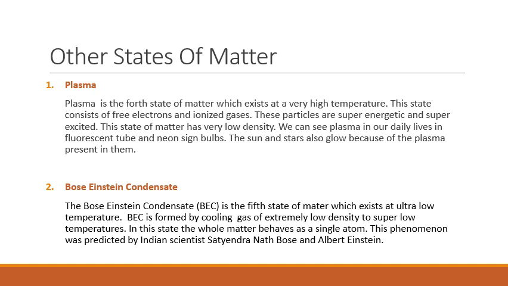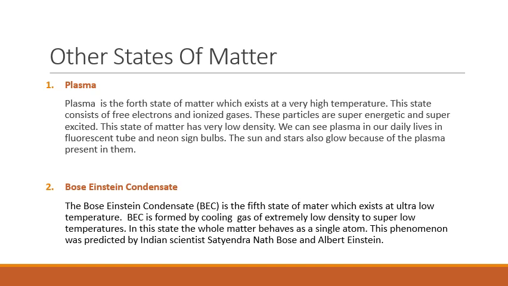The particles in this state are super energetic and highly excited. This state of matter has very low density. We can see plasma in our daily life in fluorescent tubes and neon sign bulbs. The sun and the stars also glow because of the plasma present in them, as they have very high temperature.